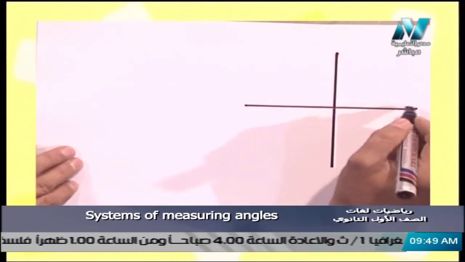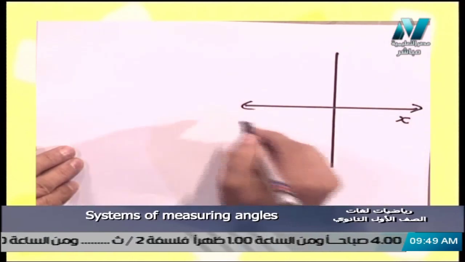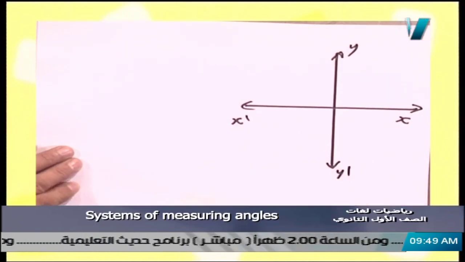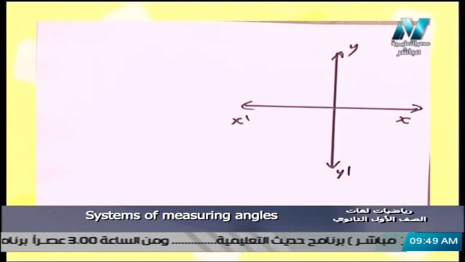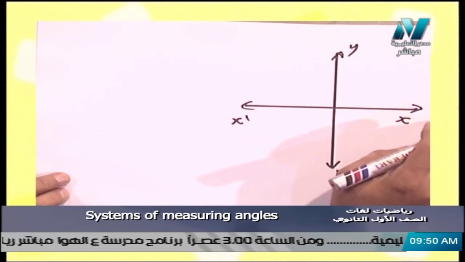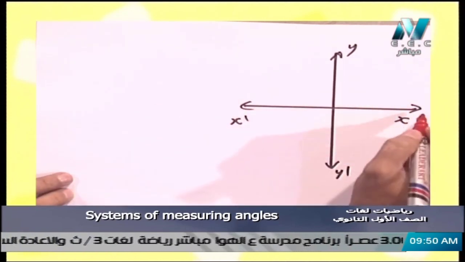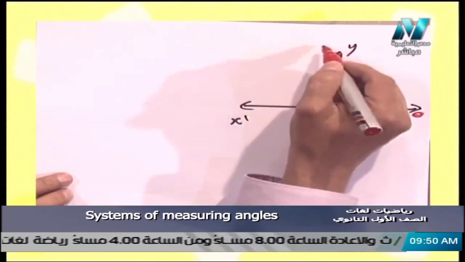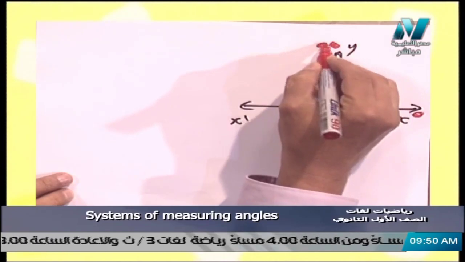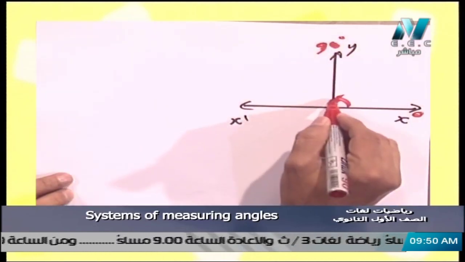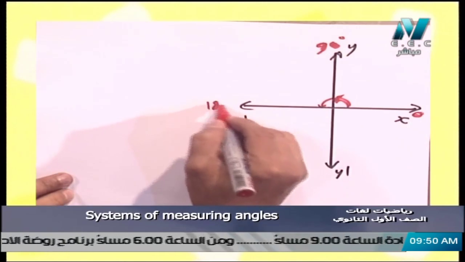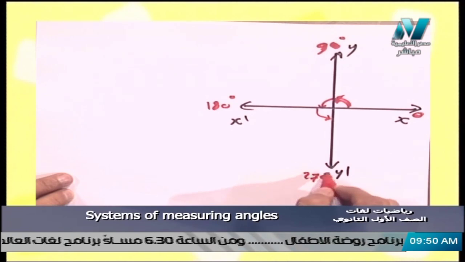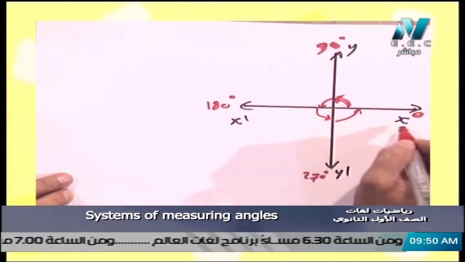We have the x-axis and y-axis, and this axis, which is the x-axis, starts with 0 degrees and moves to 90 degrees, then to 180 degrees, then to 270 degrees, and then to 360 degrees.